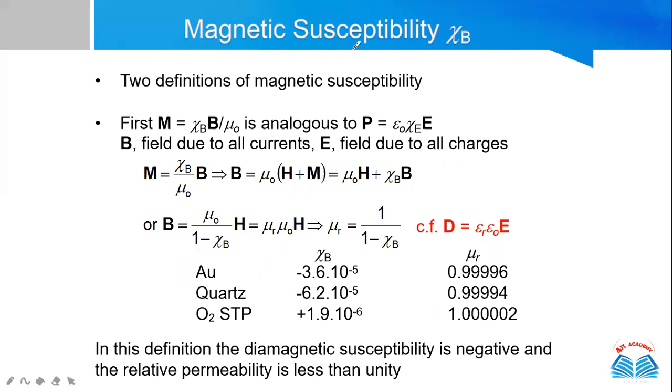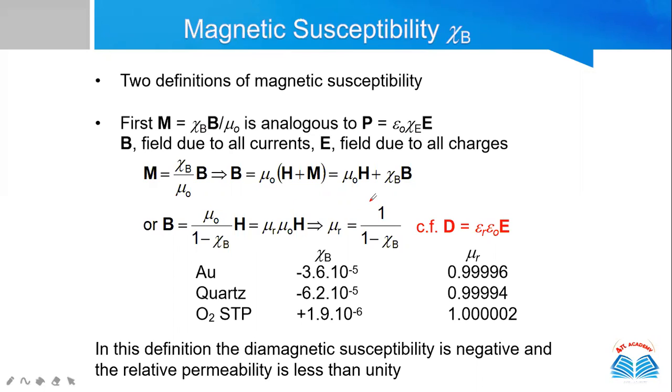So the magnetic susceptibility chi B. What is this magnetic susceptibility chi B? If we wish to apply it in the magnetic field, then M equals chi B upon mu naught. And if we wish to calculate this in the electric field, then P was equal to epsilon naught chi E. Chi E was the susceptibility in the electric field, and chi B is here, the susceptibility in the magnetic field.